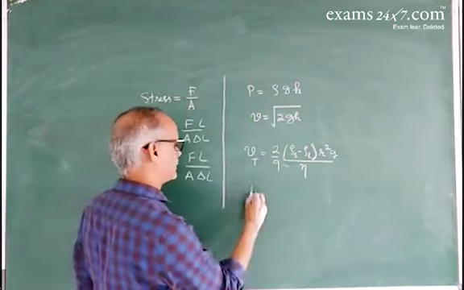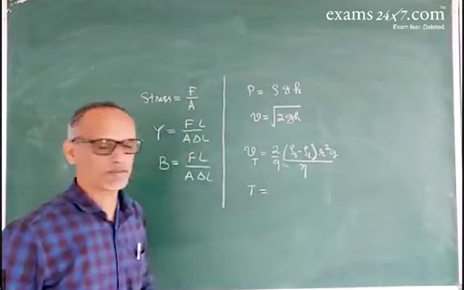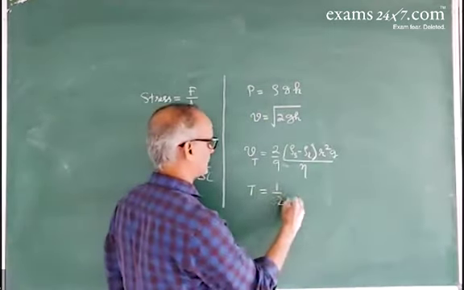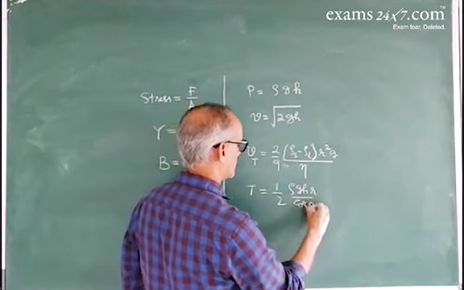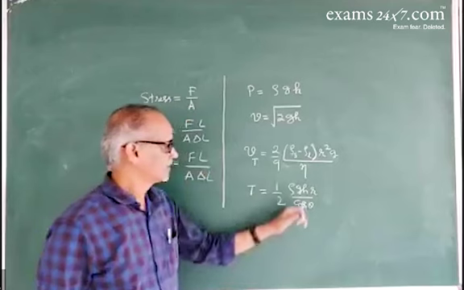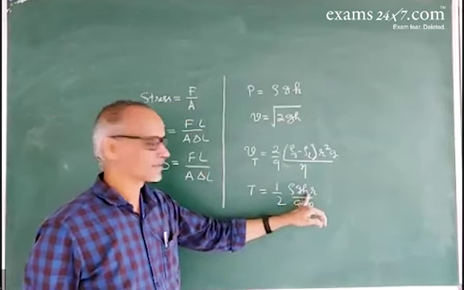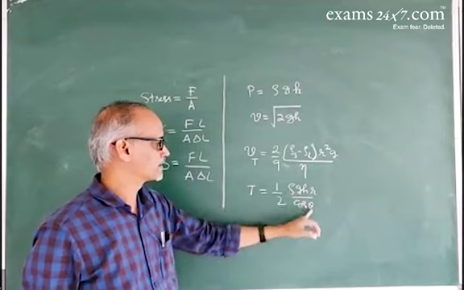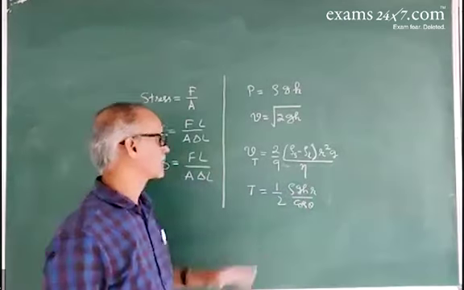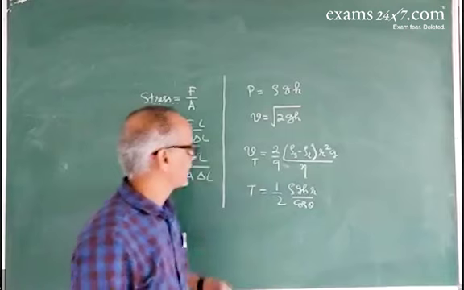And then the formula for surface tension of a liquid, which is half rho g h r by cos theta. h is the capillary rise, r is the radius of the capillary, rho is the density of the liquid, and theta is the angle of contact. So these are the important equations.